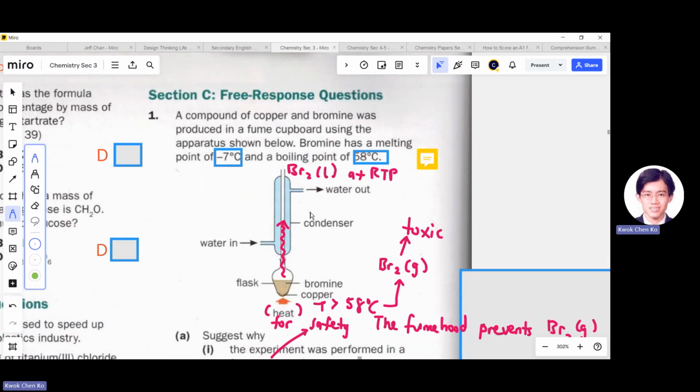You are performing an experiment. So these two guys are your reactants. You do not want your bromine vapor to escape because it is a reactant. And therefore, that is the purpose of the condenser. The condenser basically condenses the bromine vapor back into a liquid, and it goes back into the reaction flask.